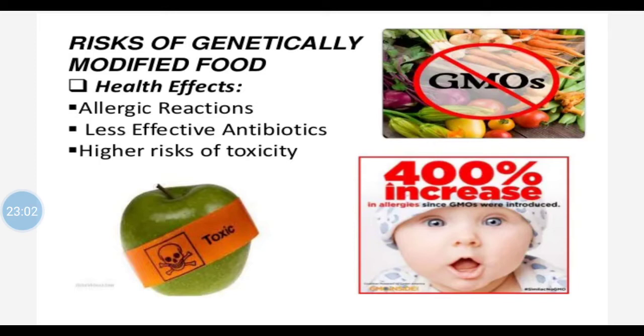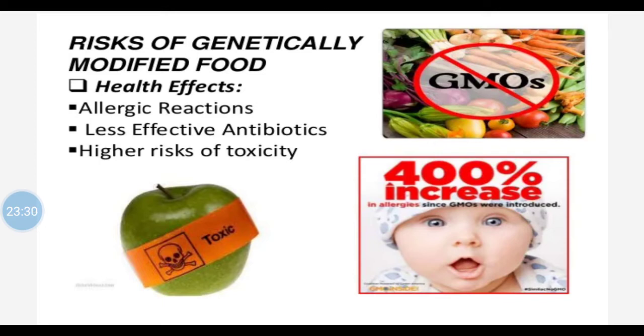First we will discuss the health effects. Now very first here it is allergic reactions, isn't it? So there are chances that there may be some allergies associated with any system of the body or skin, isn't it? This is the drawback of genetically modified food.